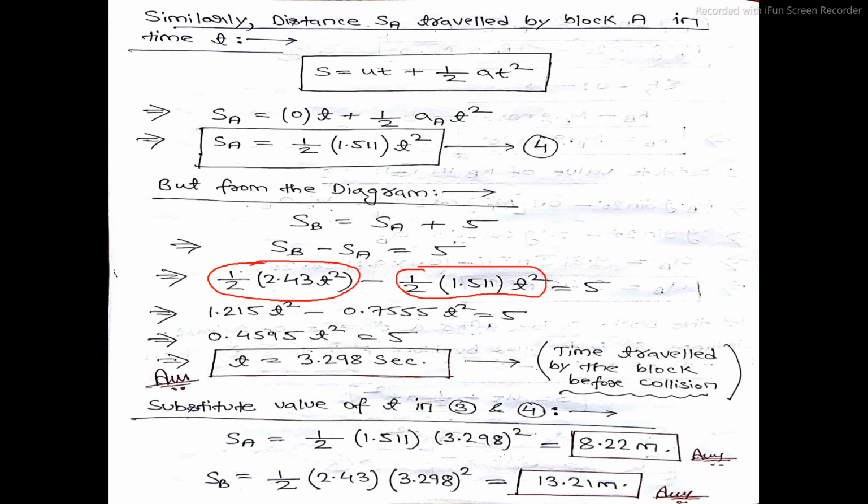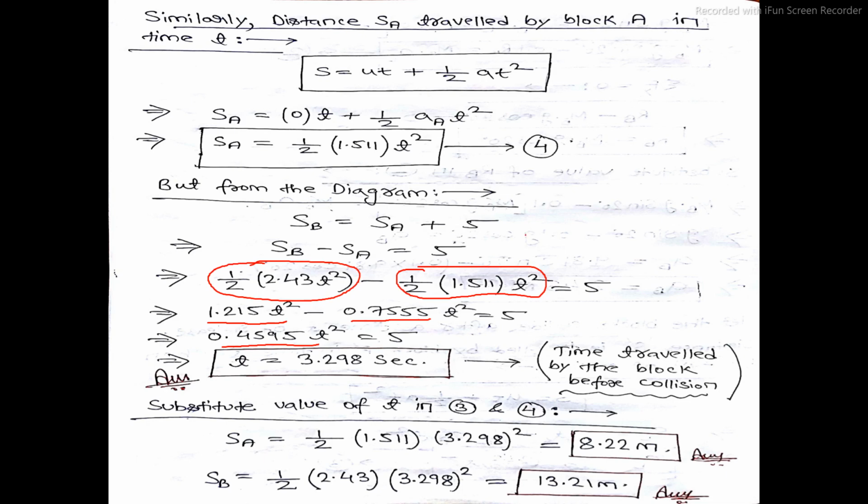Let us solve it. 2.43 by 2 is 1.215 T square, minus half times 1.511, which is 0.755 T square, is equal to 5. Or I can write 1.215 T square minus 0.755 T square, which is 0.4595 T square, is equal to 5.